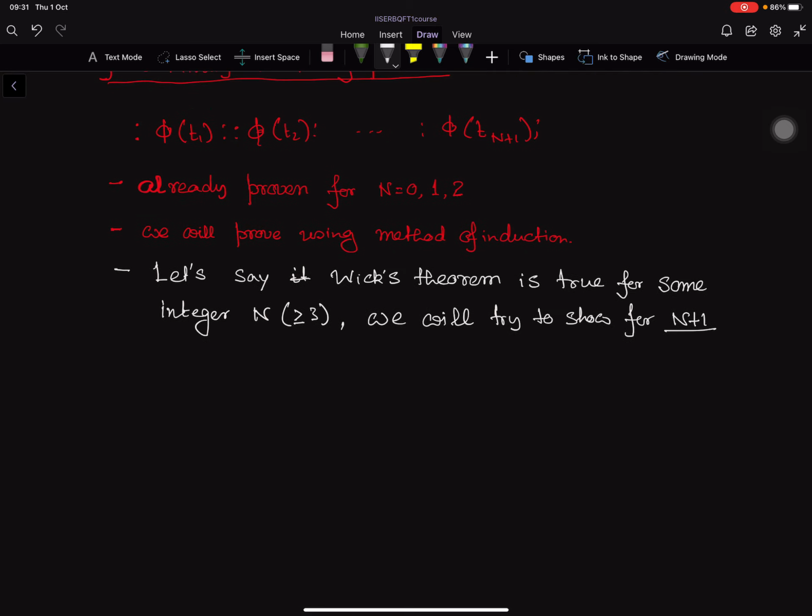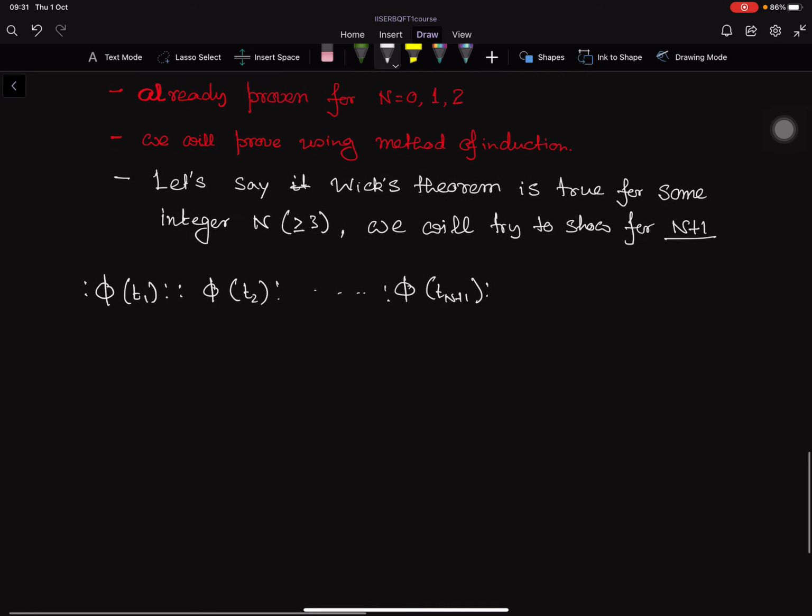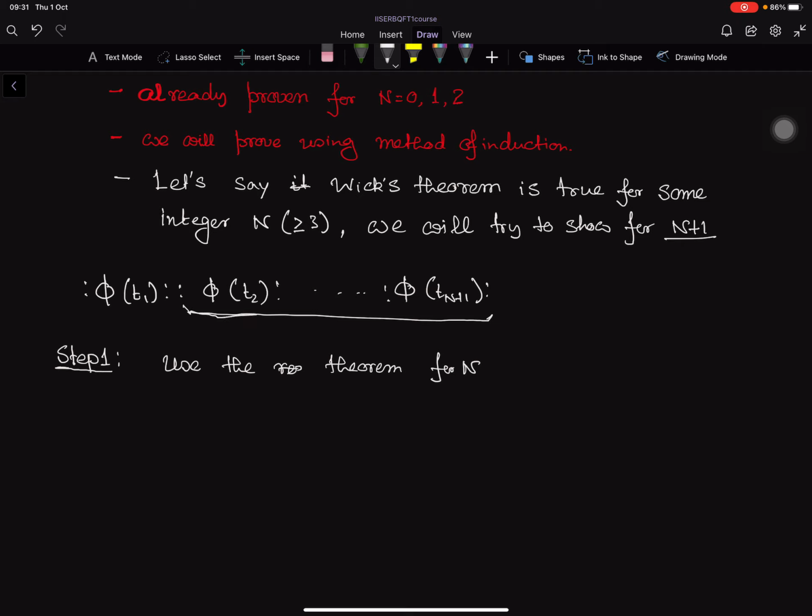Okay, so let's do it. Step 1: use the theorem for n, which means that for this part we assume it to be true.